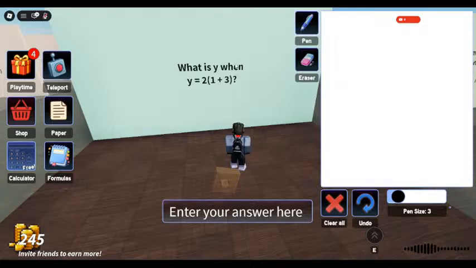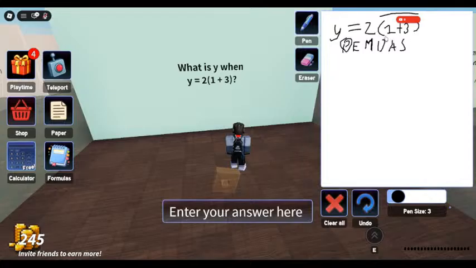Now in here, we just simply calculate y equals 2 times the quantity 1 plus 3. You have to do the parentheses first. Remember PEMDAS? Now in here, you have to do the parentheses first, so this part, and then the exponent.